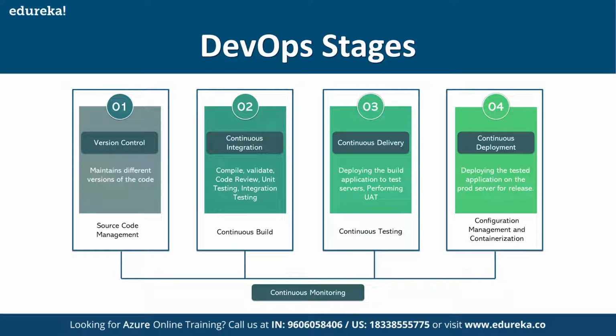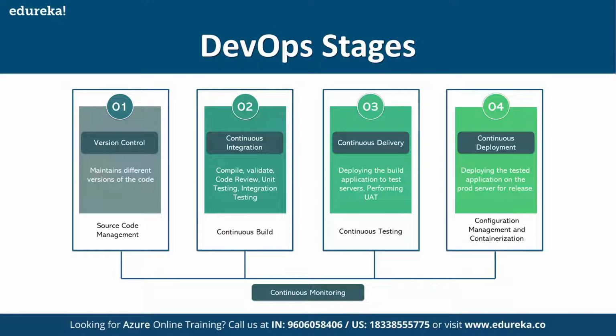When you come to deployment, this is the actual part once you test your application and it is ready for your prod server for release. So it's deploying the tested application on the prod server for release. Configuration management and containerization are part of continuous deployment.